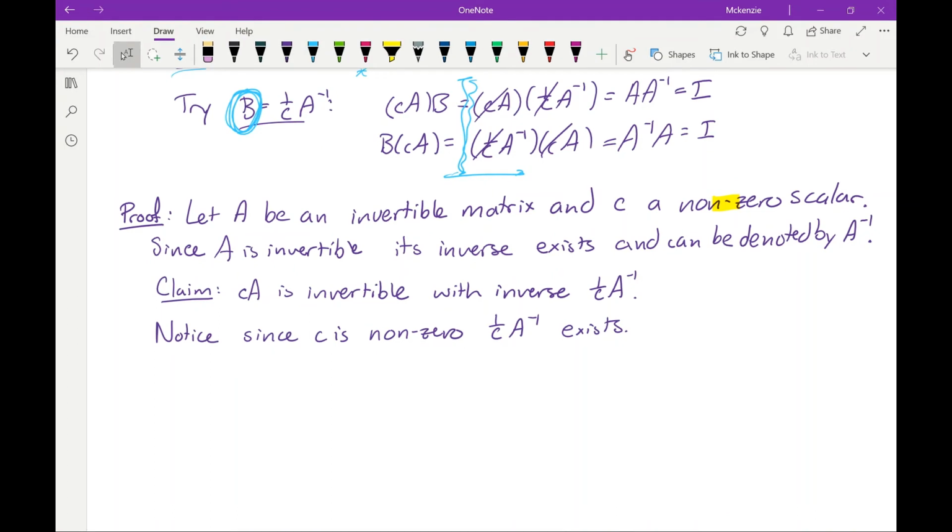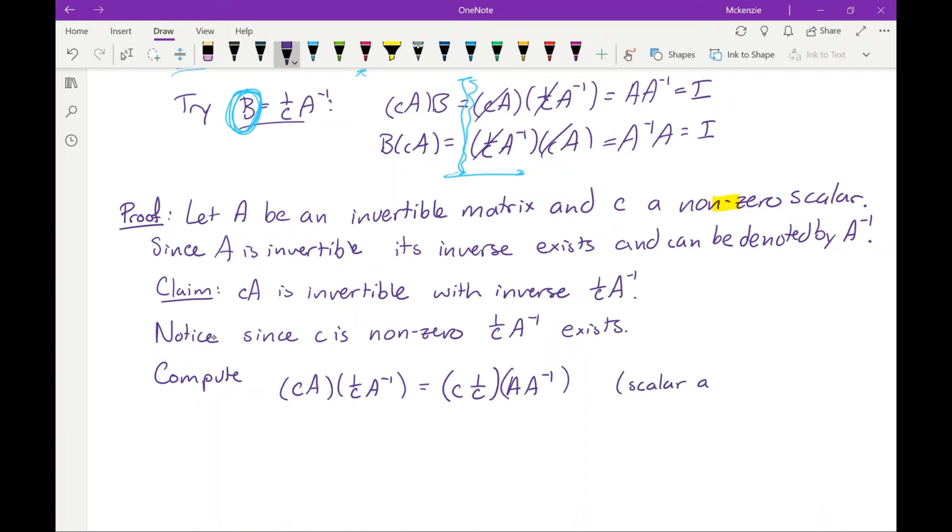All right, so let's go ahead and compute then. C times A times 1 over C A inverse. We know what we're going to get because we tested it out in our scratch work, but let's be a little more precise here. Instead of just canceling the C and the 1 over C off the bat, let's pull them out so we can factor out scalars. So let's call this scalar associativity, or commutativity.